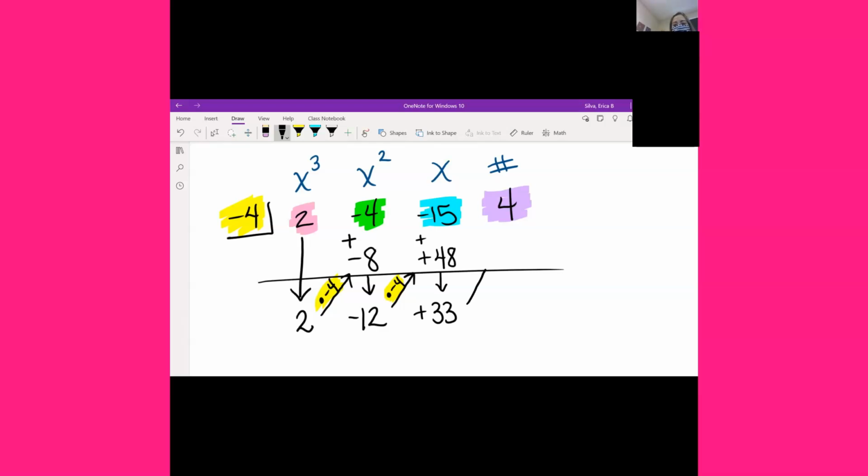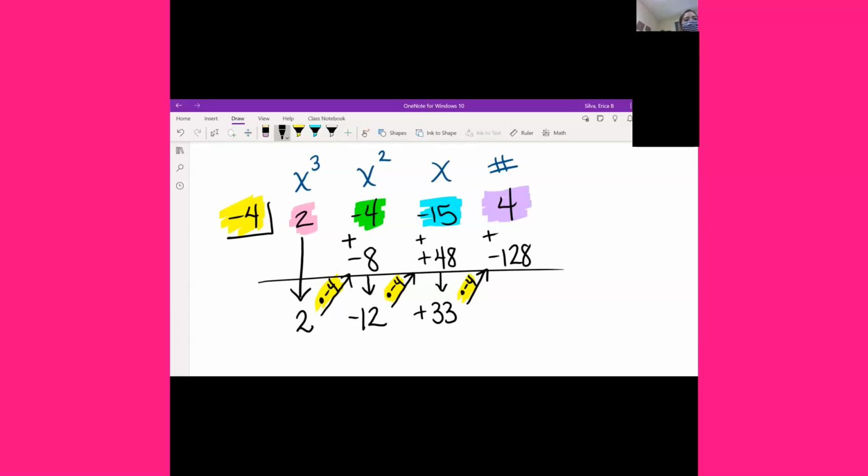And then again, 33 times -4. We get -128. We add these two together.